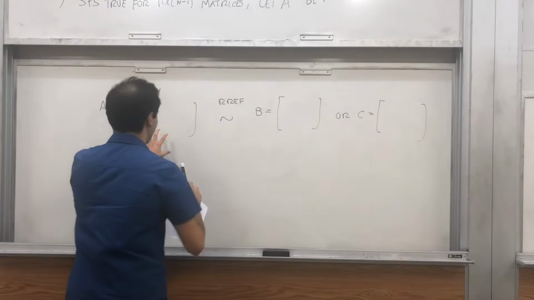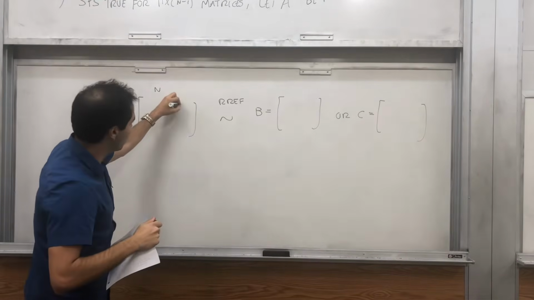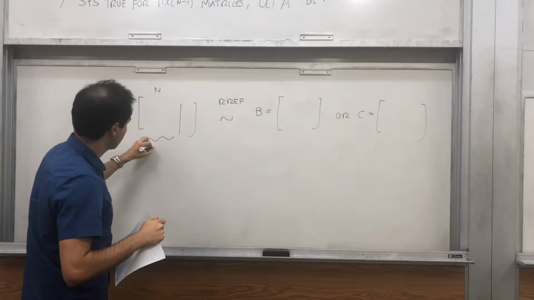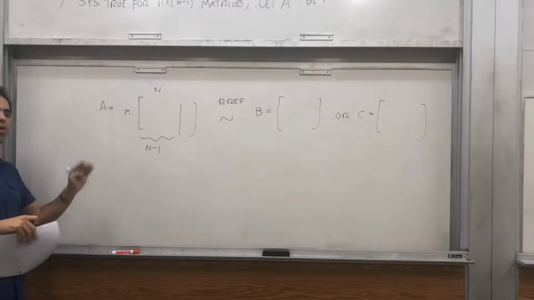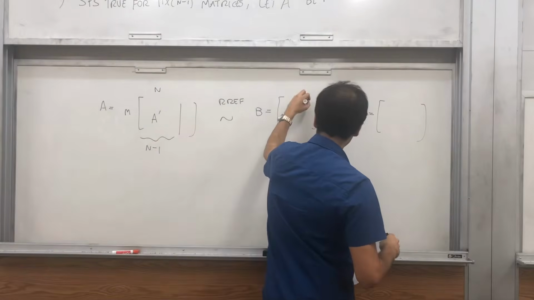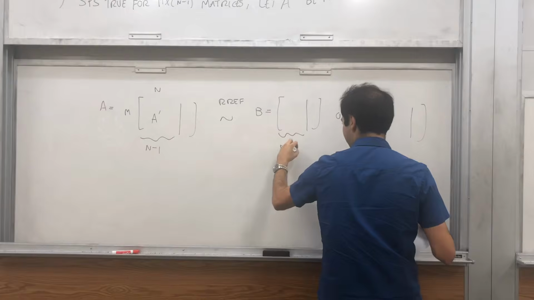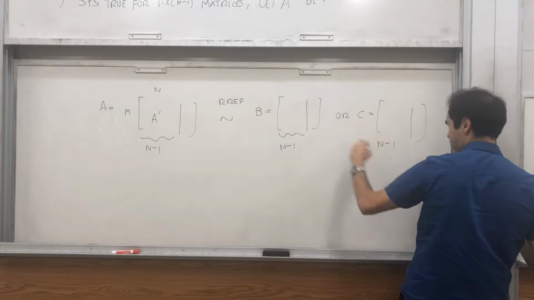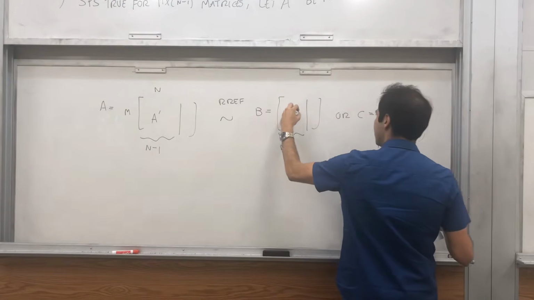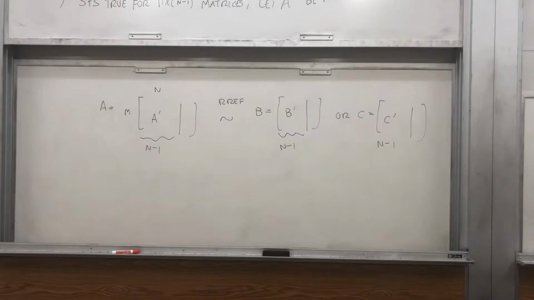So consider the submatrix formed by the first n minus 1 columns. In other words, if you ignore the last column, you get a matrix A prime. Same with B and C: taking the first n minus 1 columns, you get B prime and C prime.